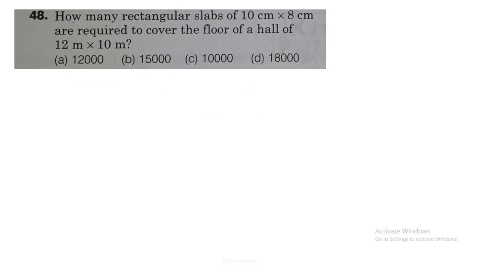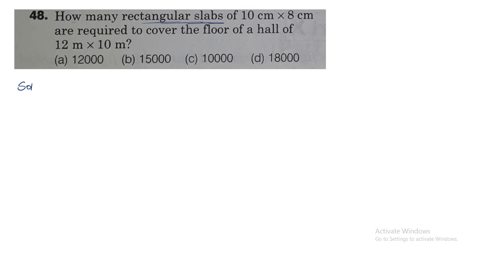Next moving on to 48. How many rectangular slabs of 10 centimeters by 8 centimeters are required to cover a floor of a hall of 12 meters by 10 meters? Here, rectangular slabs, you might have seen the tiles which are kept on the flooring, used for flooring.